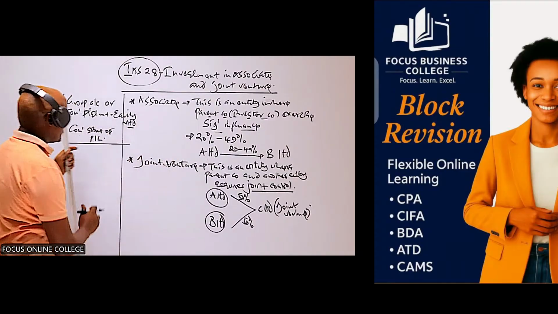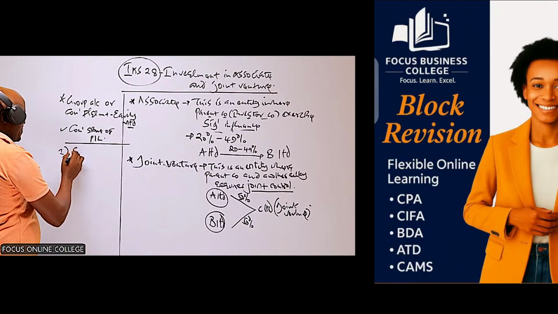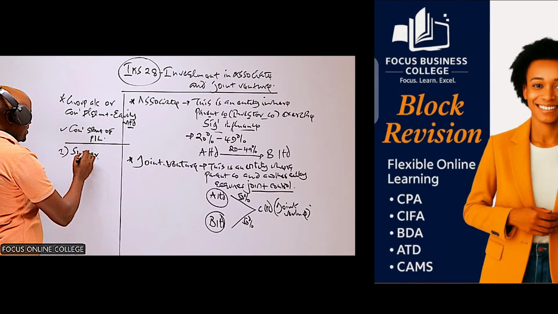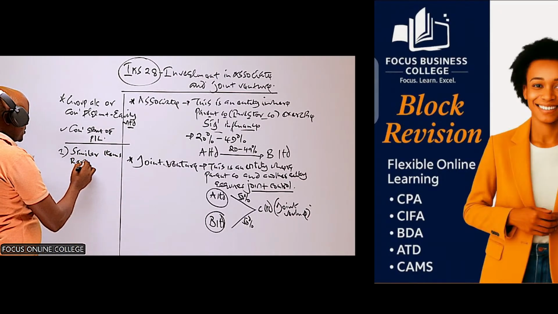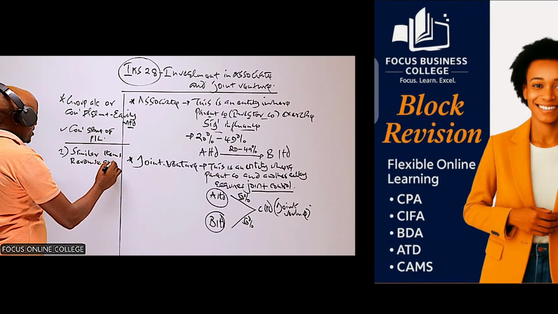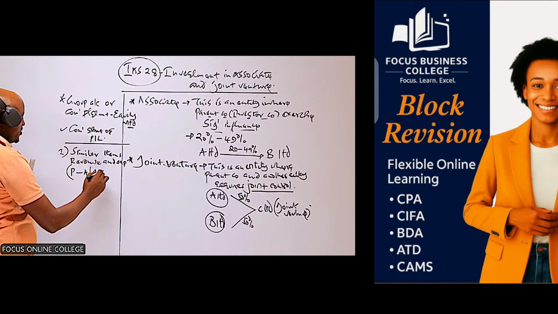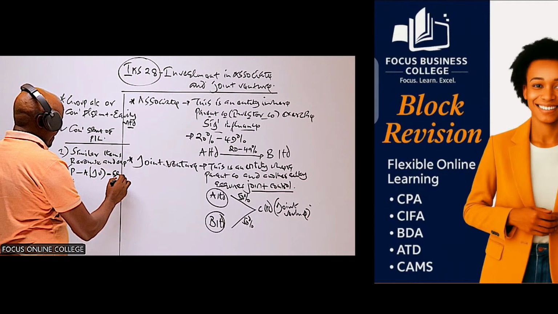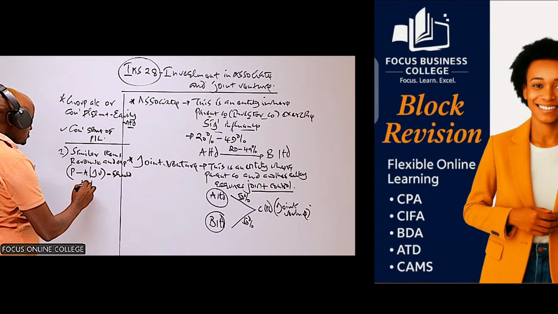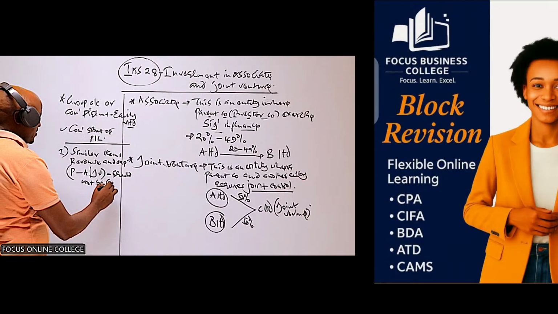Now, this method requires, one, when preparing this, similar items of revenue and expenses, those of the parent company and those of the associate, or those of the joint venture, should not be consolidated, should not be combined.